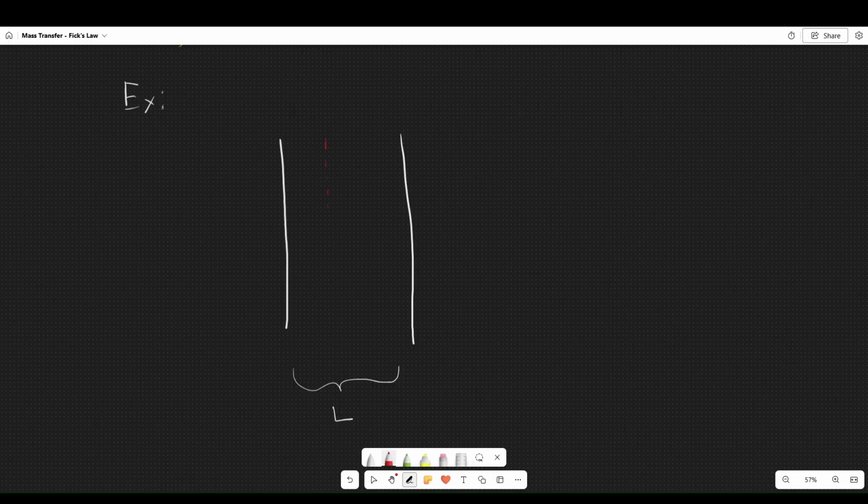Imagine that we have a film, and this film has length L. And there's a little cross section that we can take in this and call that cross section delta Z. Now let me draw this a little bit more three-dimensional so you can get an understanding of what this looks like.